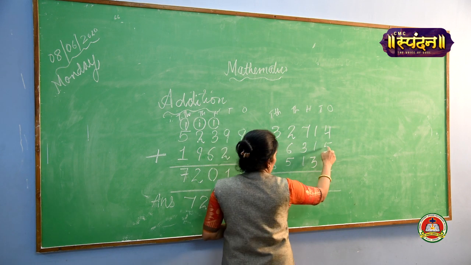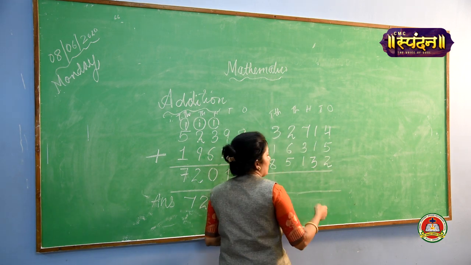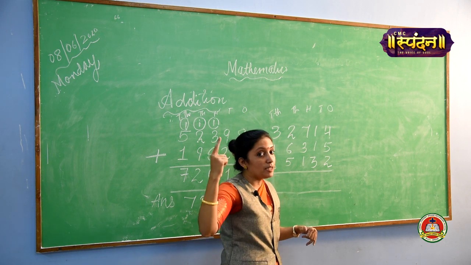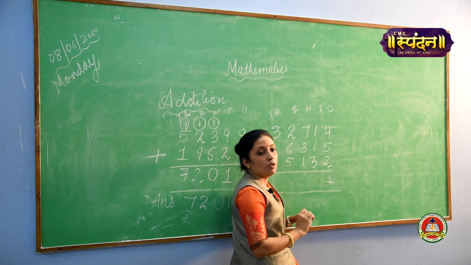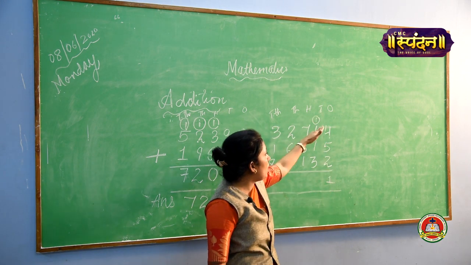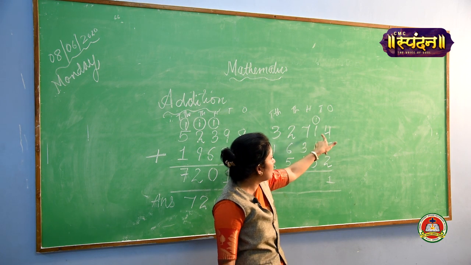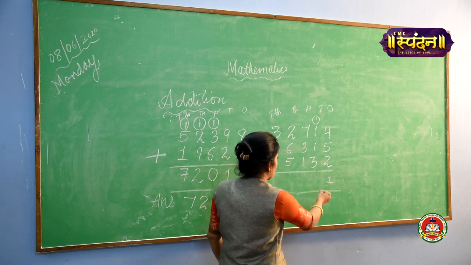Now see, 4 plus 5 is 9. 9 plus 2 is 11. Okay, 1 here. Where will the 1 go? Yes, carry over. Now see, I have 3 ones here. 3 in mind. 3 plus 3, 6. Yes, very good.